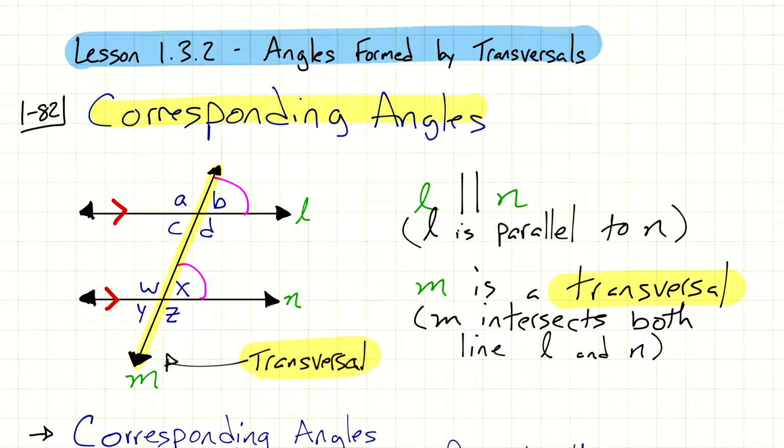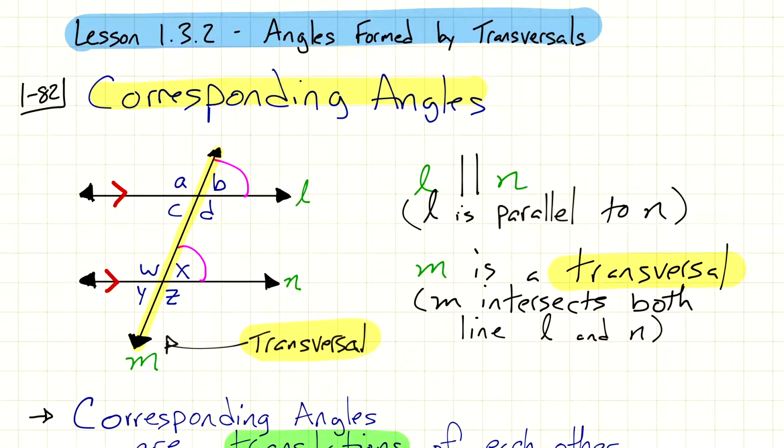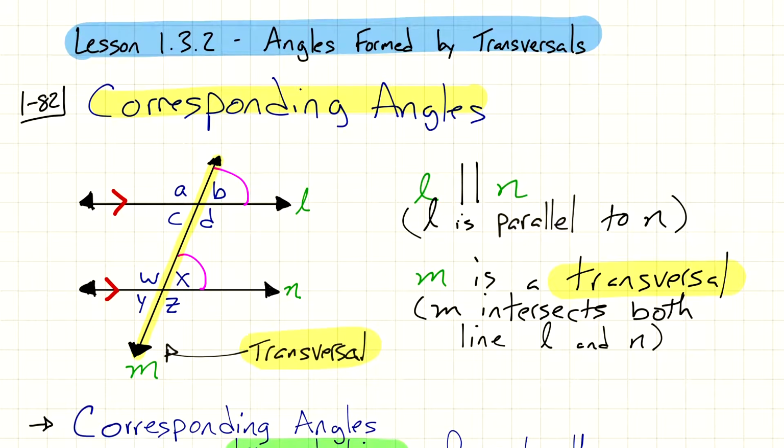In these notes, we're looking specifically at what happens when you have a line, which we call the transversal, and it intersects two parallel lines.